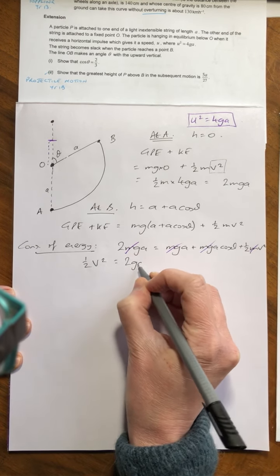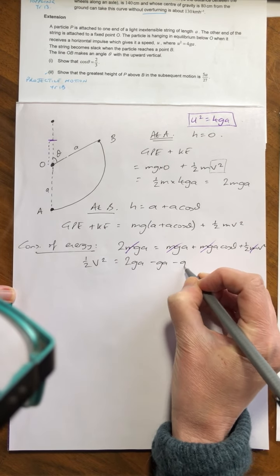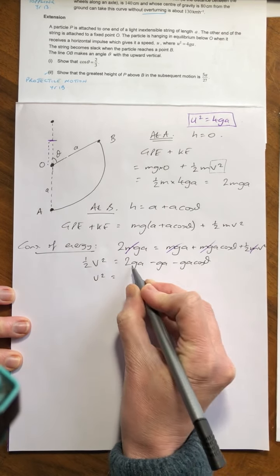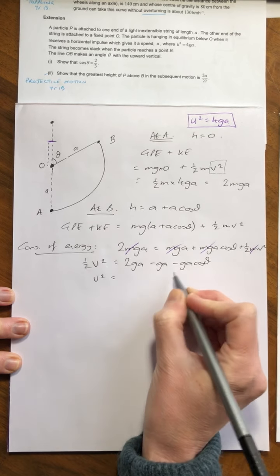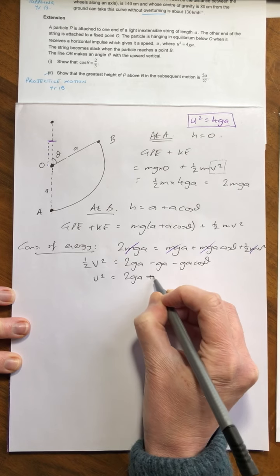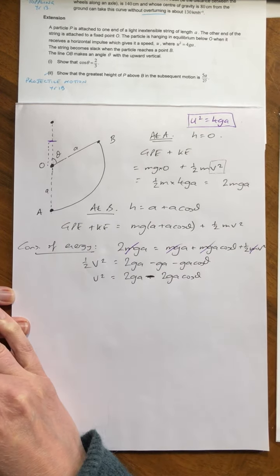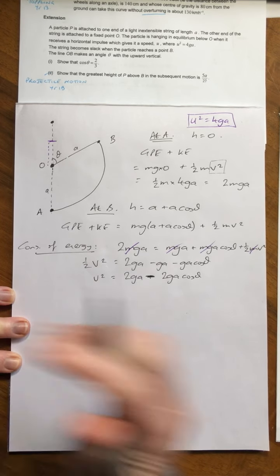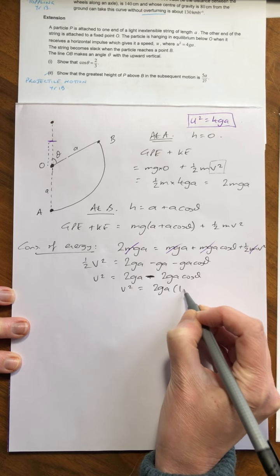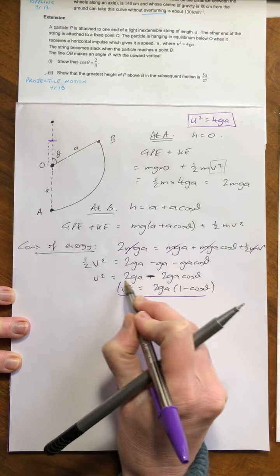I'll have 2ga, that will go on the other side, minus ga cos theta, and finally multiplied by 2. 2ga minus ga is ga, but I'm doubling that, so it's 2ga, and I've got minus 2ga cos theta. I can factorise out a 2ga, so v squared is 2ga(1 minus cos theta). So that is an expression for velocity.